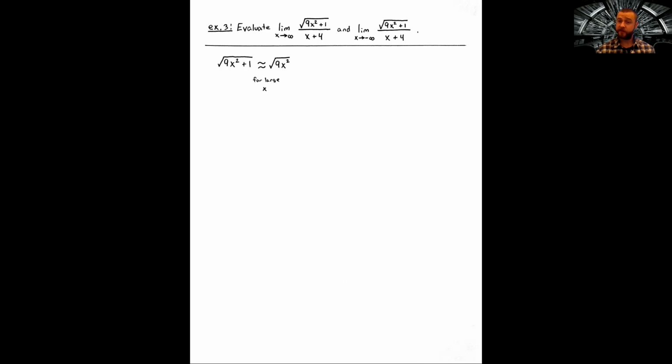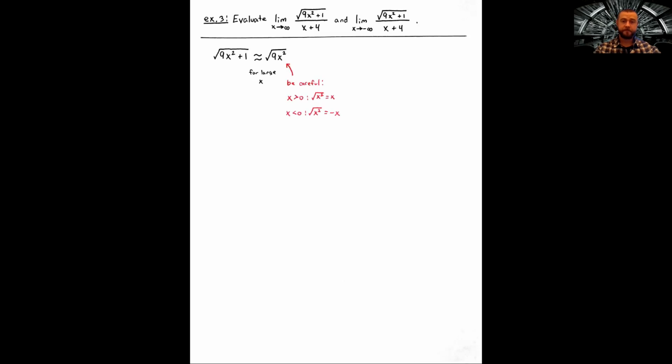Now this is where you have to be careful. Don't be careless. Within these two different limits, x approaches positive infinity, or x approaches negative infinity. So x is going to be thought of as a positive or negative number. We have to be careful with the cancellation here. When x is positive, that'll be relevant for the limit as x approaches positive infinity.